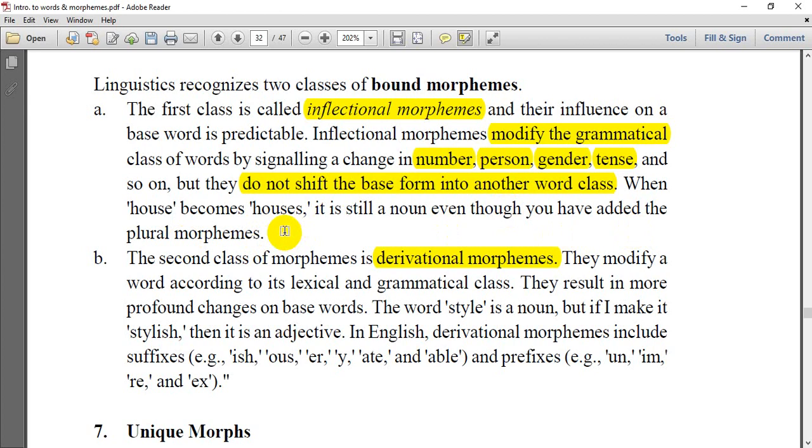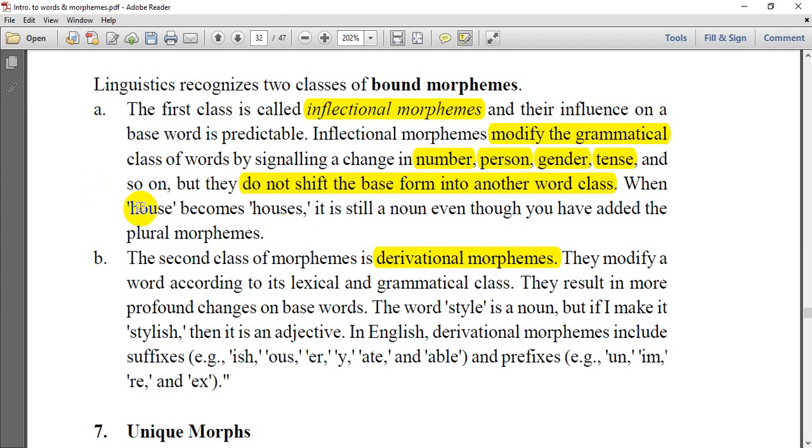Is it clear? So inflectional morphemes don't change the category of a word or its meaning, but rather add information about number, for example singular or plural.